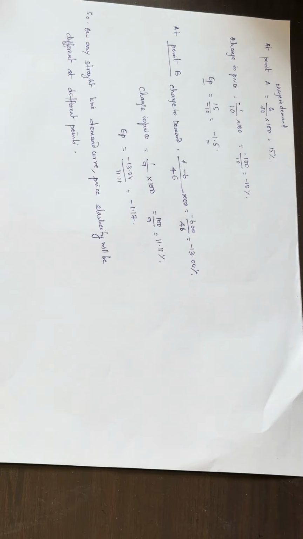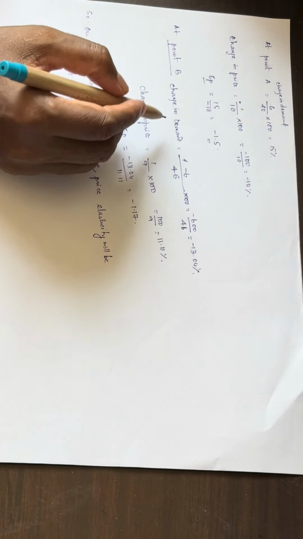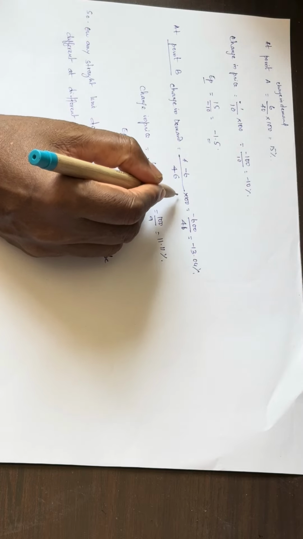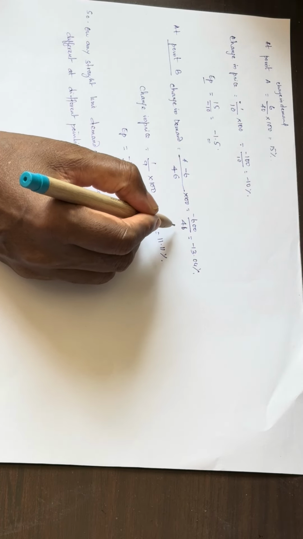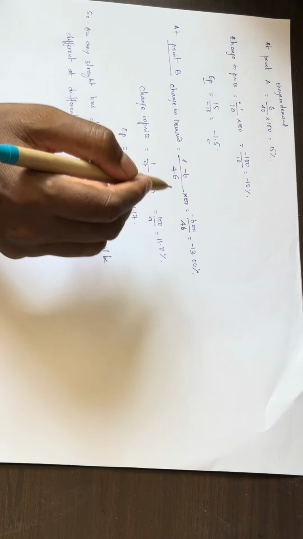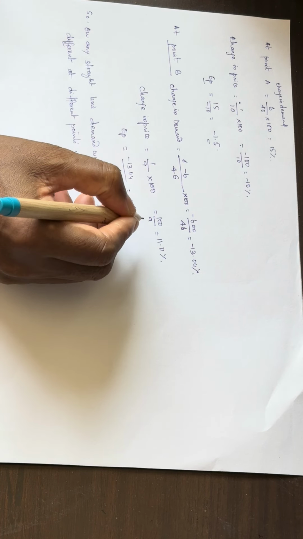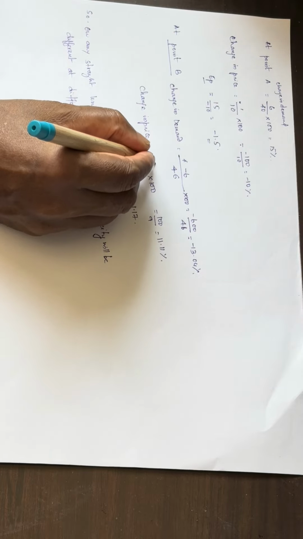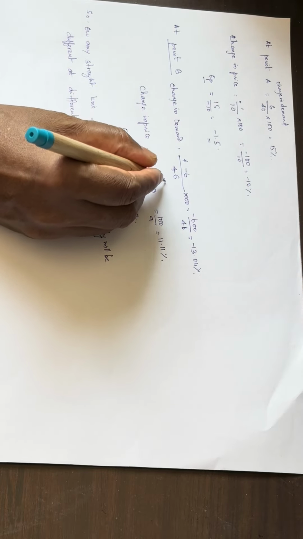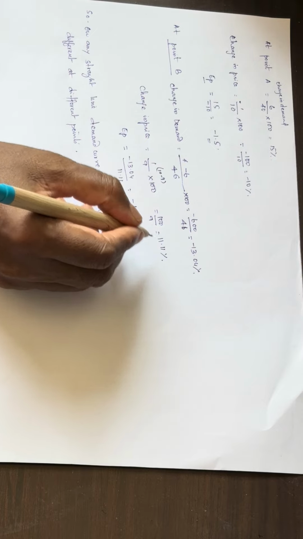And at point B, the change in demand is equal to minus 6 by 46 into 100, that is minus 600 by 46, that is minus 13.04%. The change in price is 10 minus 9, that is 1 by 9 into 100, which is 100 by 9, that is 11.11%.